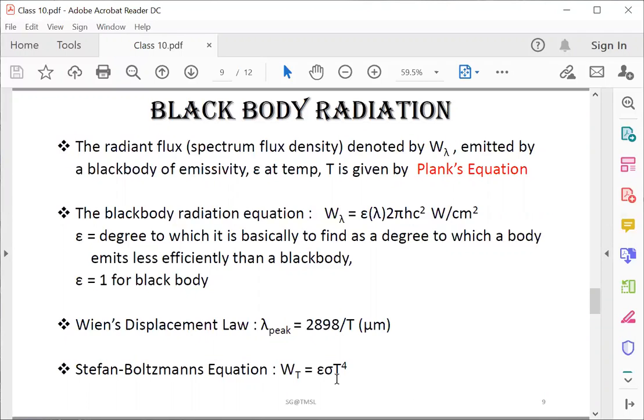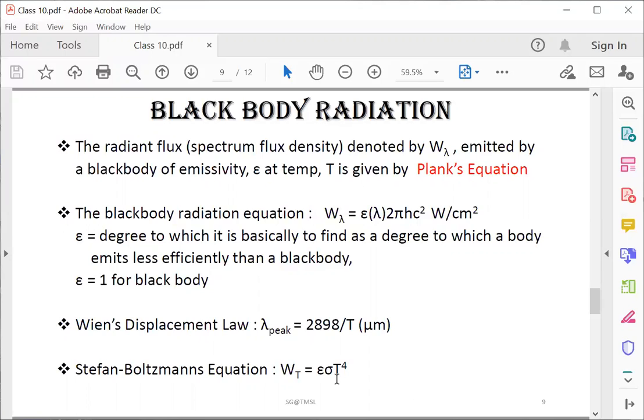These are the relations used in black body radiation, where the power available from a particular body is calculated, and the radiation flux at different wavelengths differs, because different bodies or temperatures emit different wavelengths, which is given by Wien's displacement law.